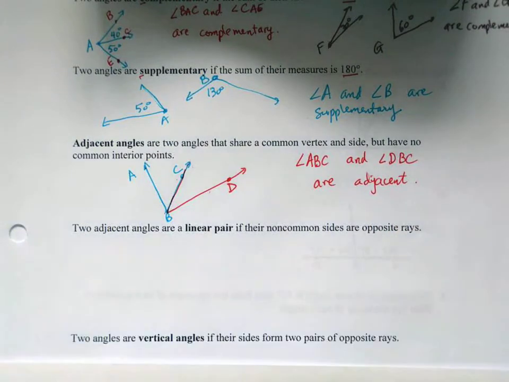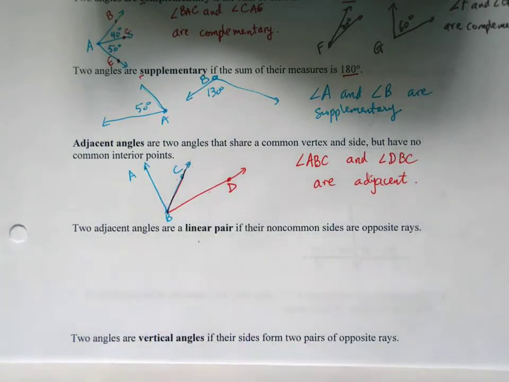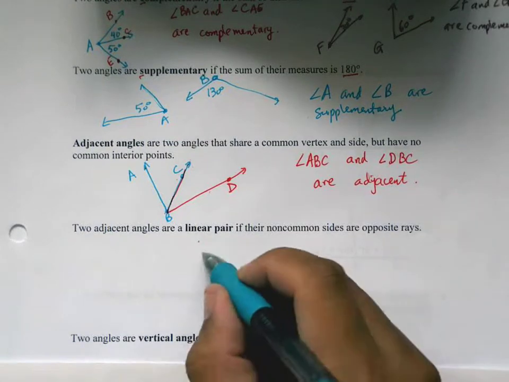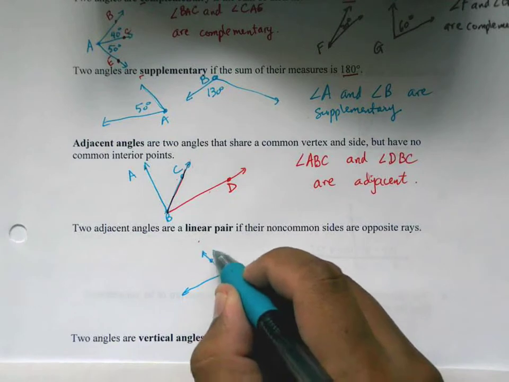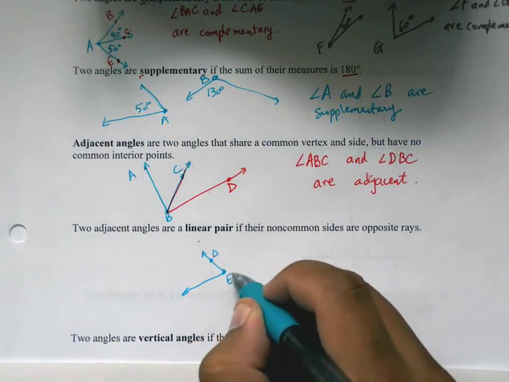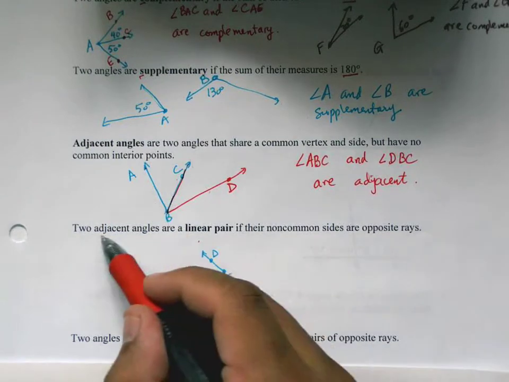Now a linear pair. Two adjacent angles are a linear pair if their non-common sides are opposite rays. So let's say I had an angle like this, angle DEF. Their non-common sides, so that means they have to be adjacent first, so they have to touch.